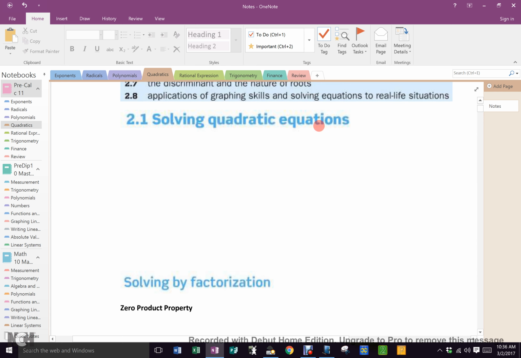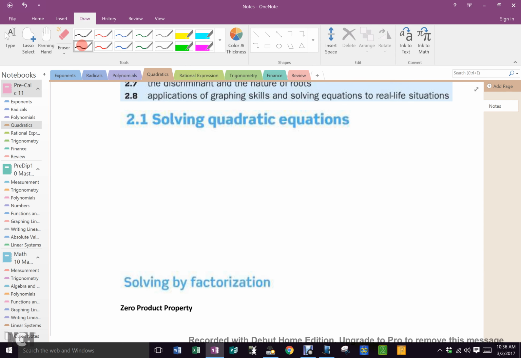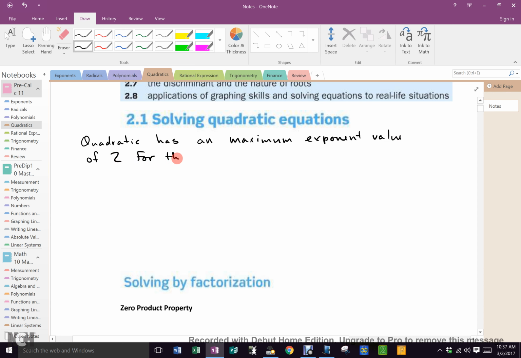First of all, we have to explain what a quadratic equation is. A quadratic has variables. We will use x and y. It has a maximum exponent value of 2 for the independent variable.